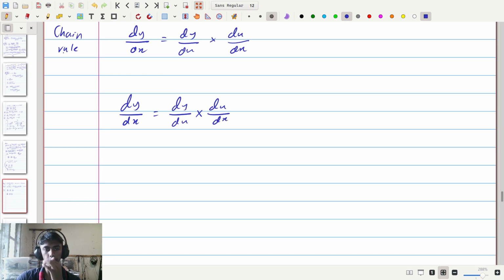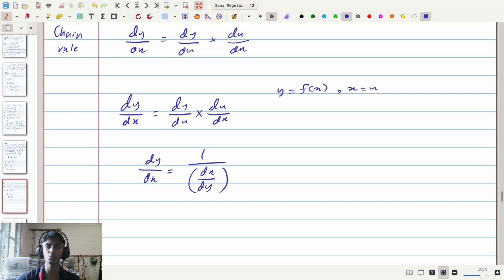What we are going to try to prove is that dy by dx is equal to 1 divided by dx by dy, i.e. the derivative of y relative to x is 1 divided by the derivative of x relative to y. In order to prove this fact, we are going to be using the chain rule. So let's consider something like this. We have y is equal to f of x and x is equal to some intermediate value, let's say u.